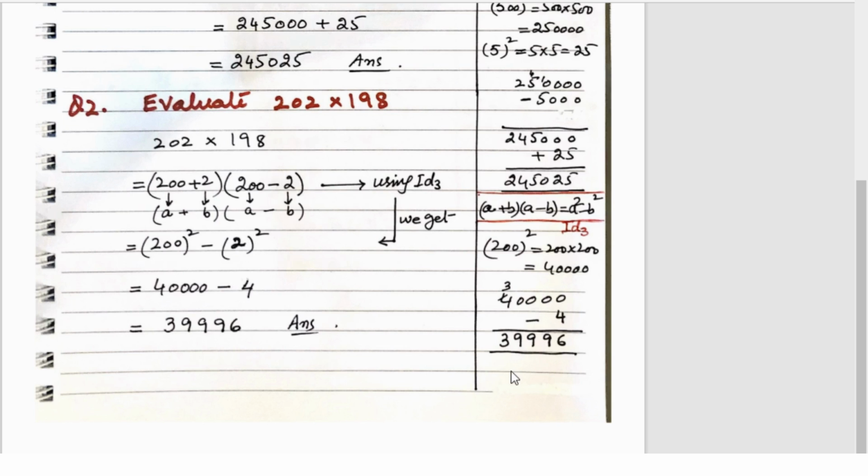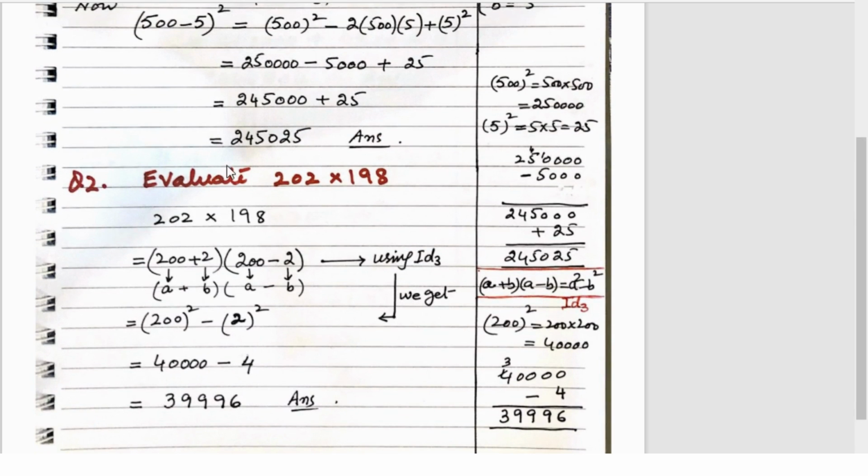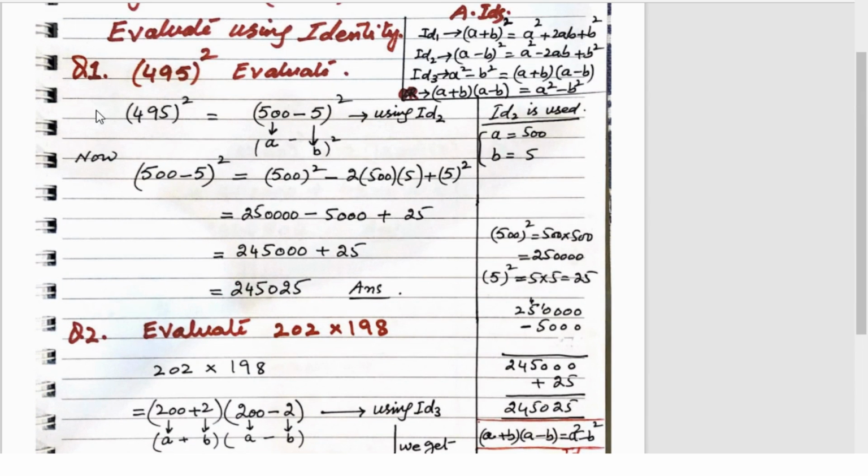I have shown it over here for your convenience. Now we are left with this figure, 39,996. This is the answer of these numbers which are given to you to evaluate using algebraic identities, and we have used ID3 over here. This is all about these questions. That's all about question number 1 and question number 2.